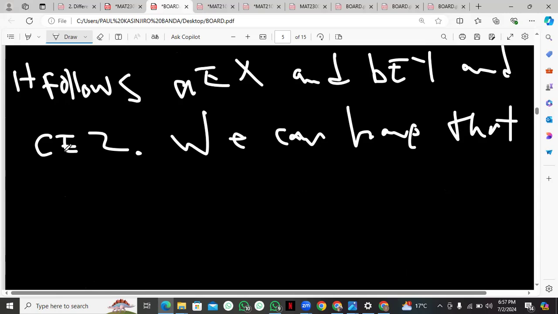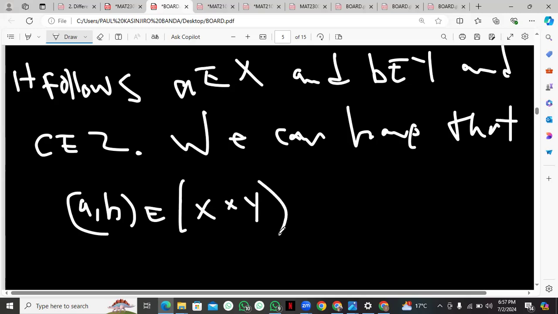So from there, we have that A, comma, B will be a member of the Cartesian product of X and Y, and the C will remain outside, which is a member of the set Z.